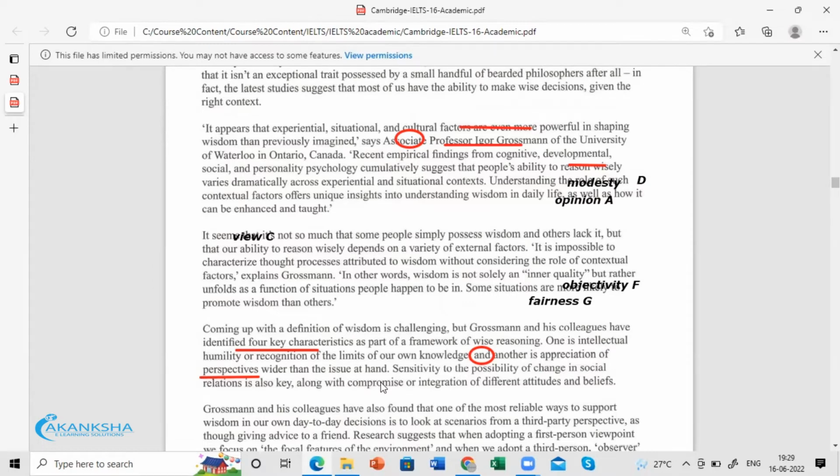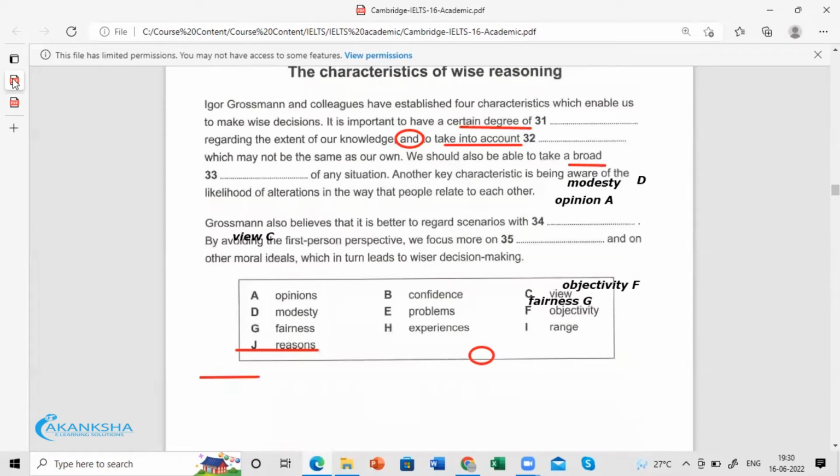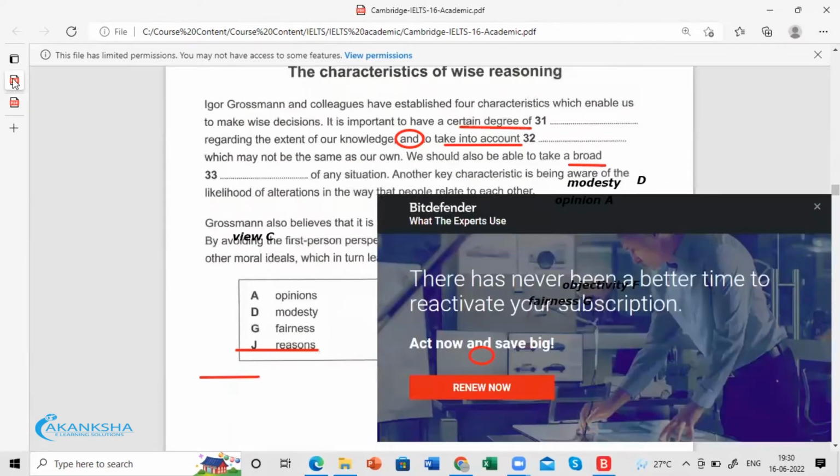Change in the social relations, key along with compromise, integration, different attitudes and beliefs. Different means something that is wider, I mean broad.